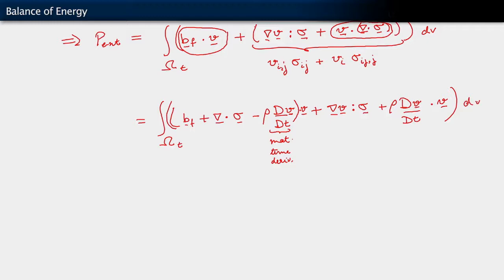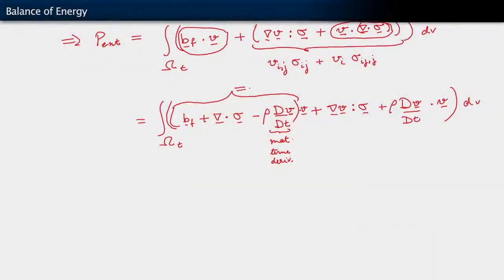Okay, and what we've done here is just add and subtract rho dV dt in order to see that this entire combination of terms is what? This is basically the left-hand side of the balance of linear momentum, right? So when these terms appear together, they're equal to 0 because of balance of linear momentum.